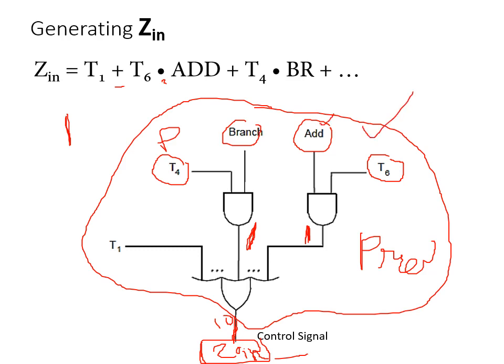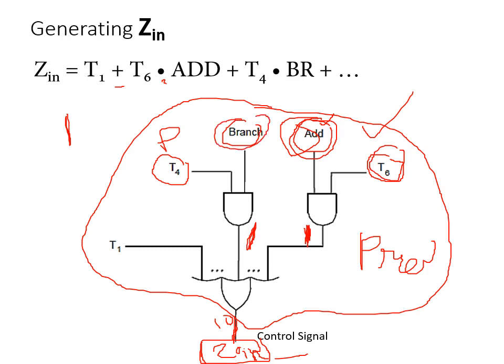Suppose it is an add instruction and the clock cycle is not the 6th, say it is the 5th clock cycle. If ZIN becomes 1, then execution goes wrong. So remember this add signal: if it is an add instruction and the 6th clock cycle, then only it should be 1.